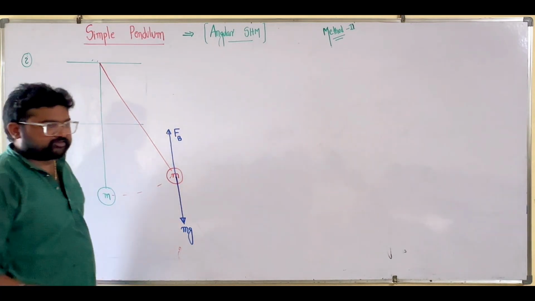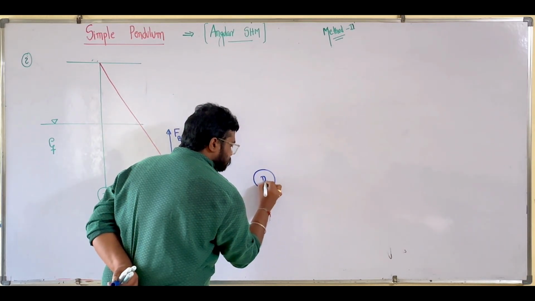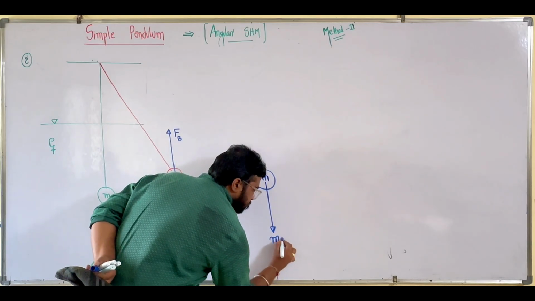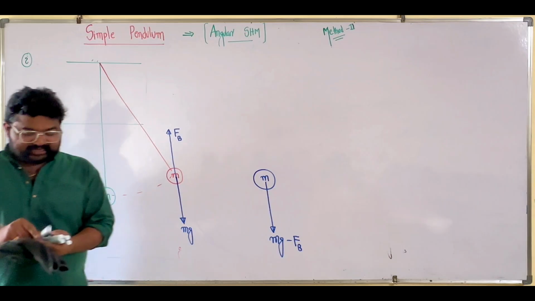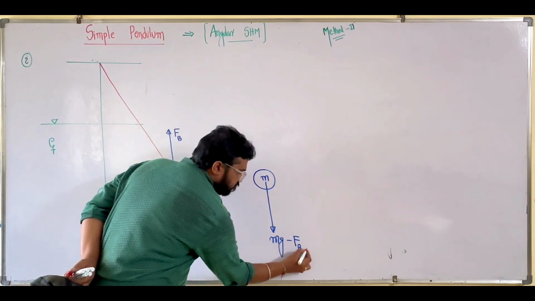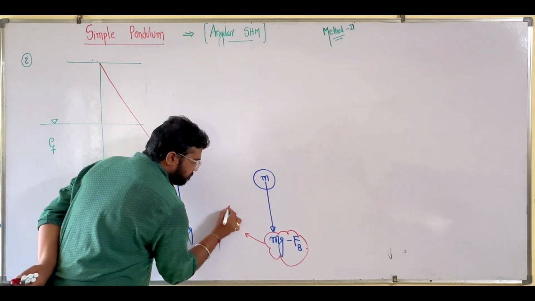In the direction of mg, you can take the net force: mg minus buoyant force. This is the net force acting on the bob, F net.